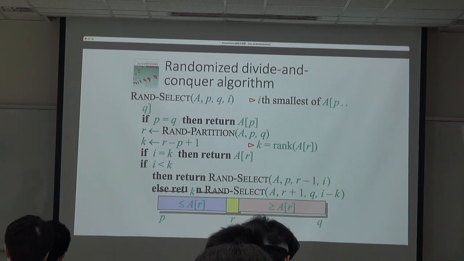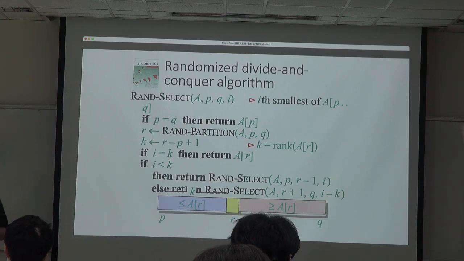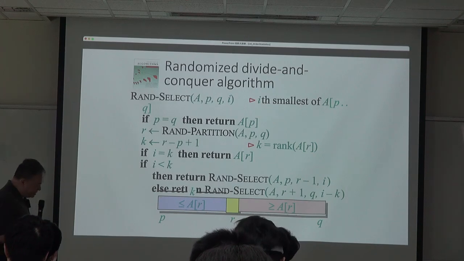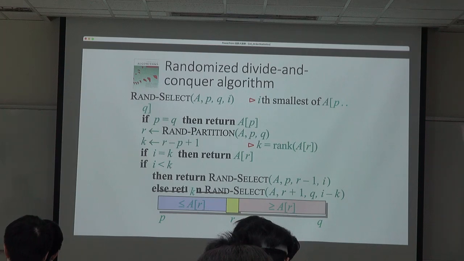But obviously we don't like it. We think it's not good enough. So what do we do? The idea is like this. Remember, in quicksort, there's a partition, right?